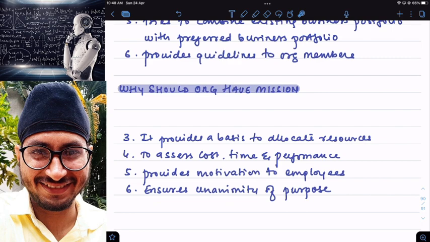Next, it helps to translate objectives into goals. Sir, what is the difference between goal and objective? Suppose I want to increase my market share.